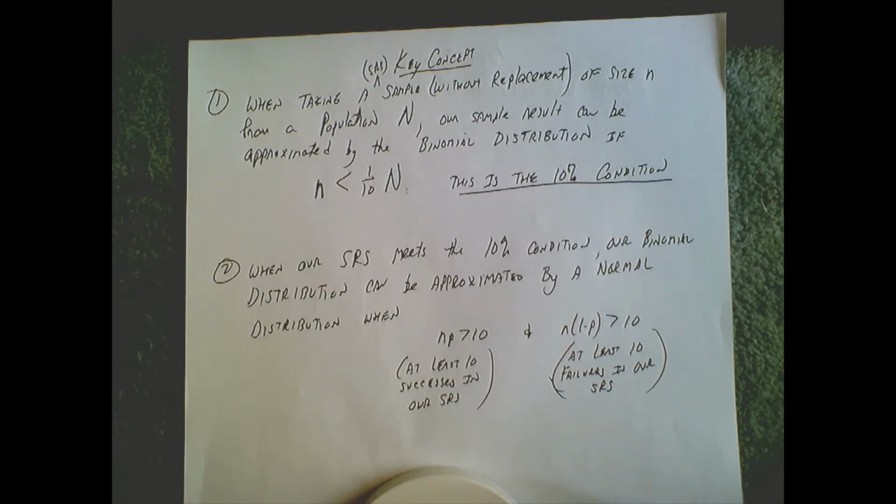But what we saw was if the 10% condition was met, if our sample size was less than 10% of the overall population, then sampling without replacement looks very, very much like sampling with replacement, and makes our sampling look very, very much just like a binomial distribution. Every time we pull someone out from a sample, they either meet the criteria that we're looking for or they don't.